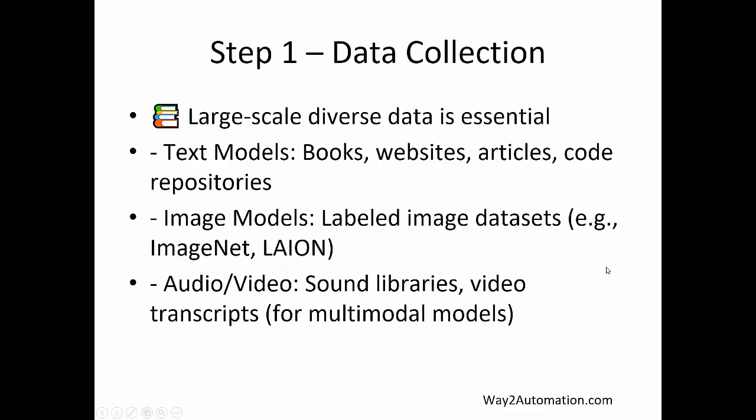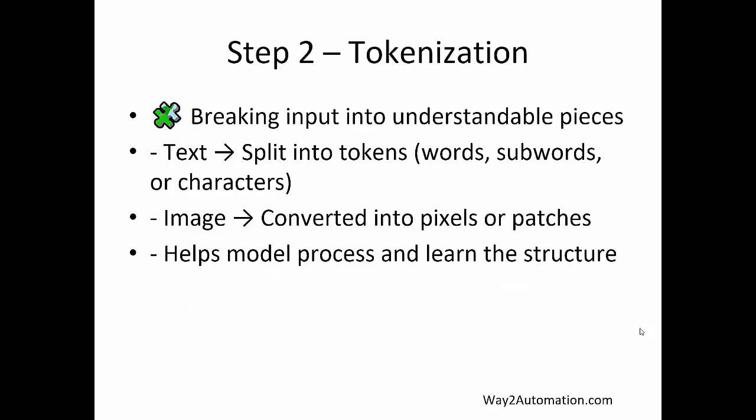In step 1, data collection is done from different websites, articles, code repositories, labeled image datasets, some sound libraries. In step 2, tokenization is done. The data is broken into understandable pieces called tokens. The images are converted into pixels or patches.